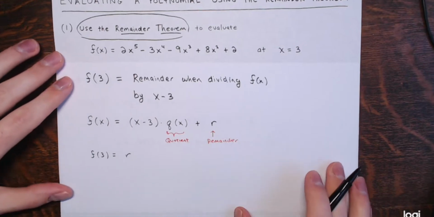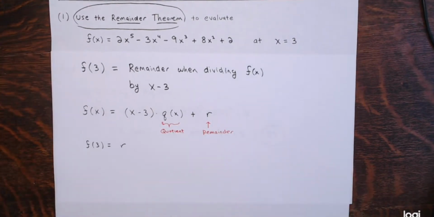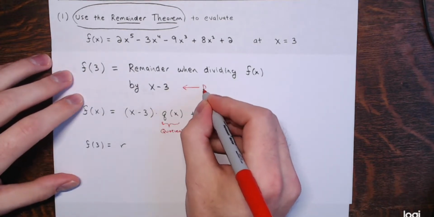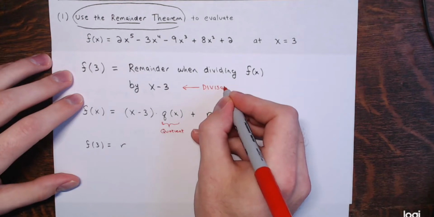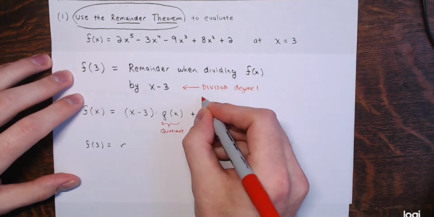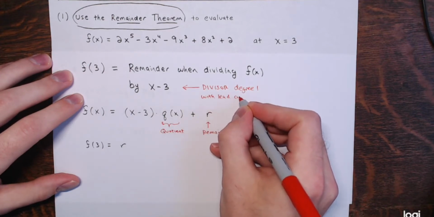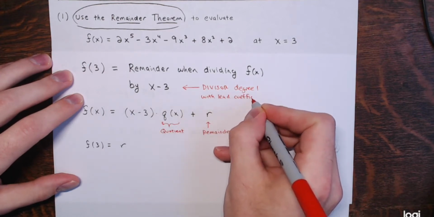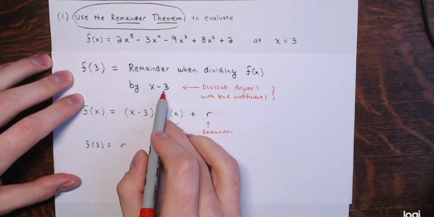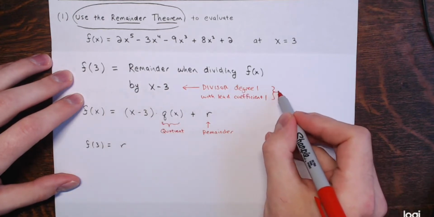Now, if you remember from last section, section 5.4, if the divisor is degree 1 with lead coefficient 1, which this is, it's a 1x minus 3, we can use synthetic division.